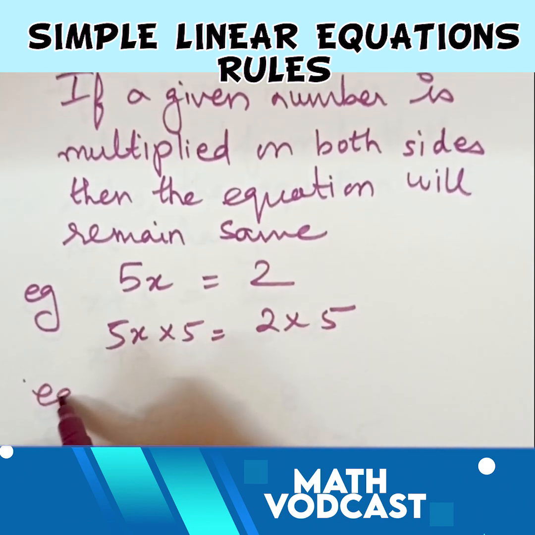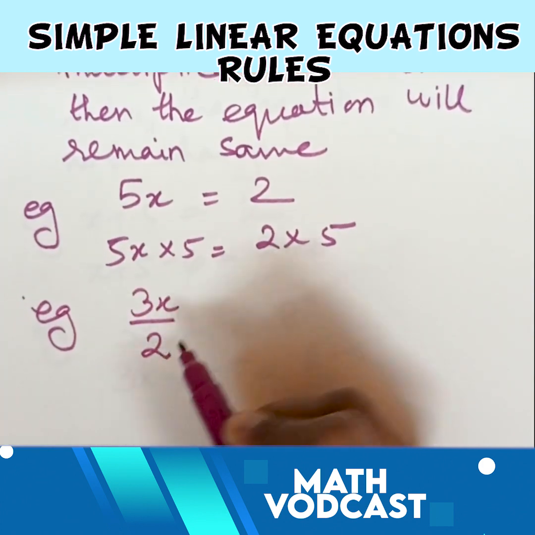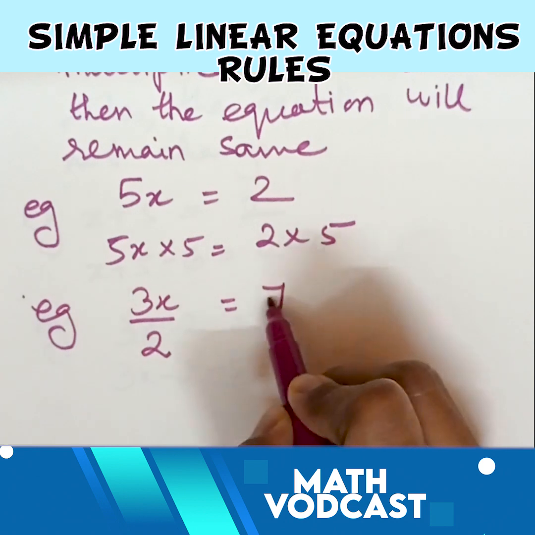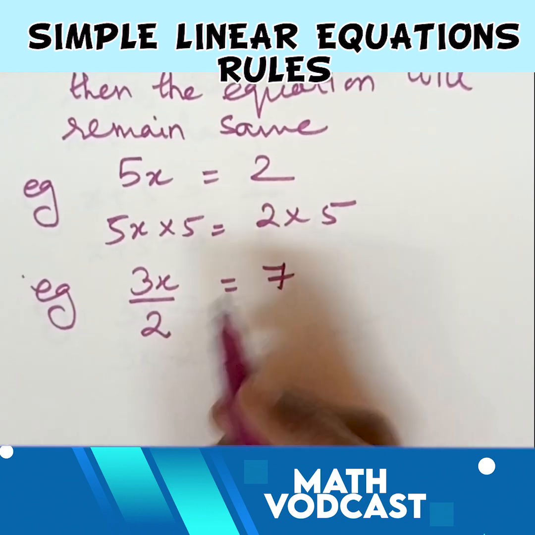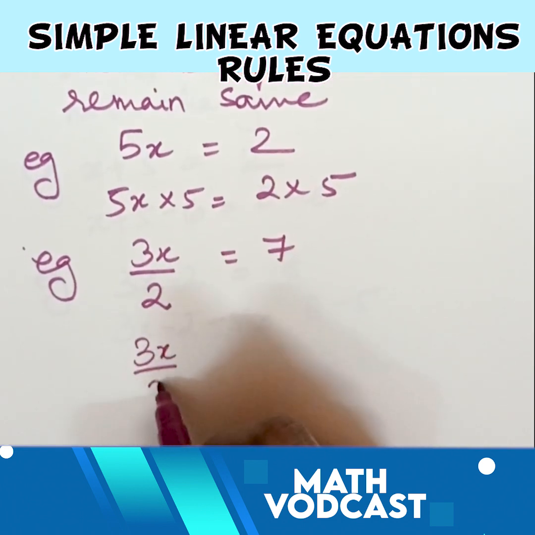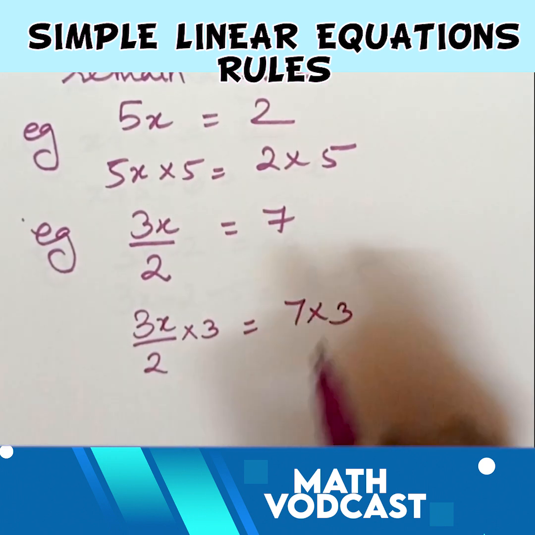Let me show you another example. Suppose we take 3x divided by 2 is equal to 7. And suppose we multiply with the number 3 on both the sides. So it will become 3x divided by 2 into 3 is equal to 7 into 3.